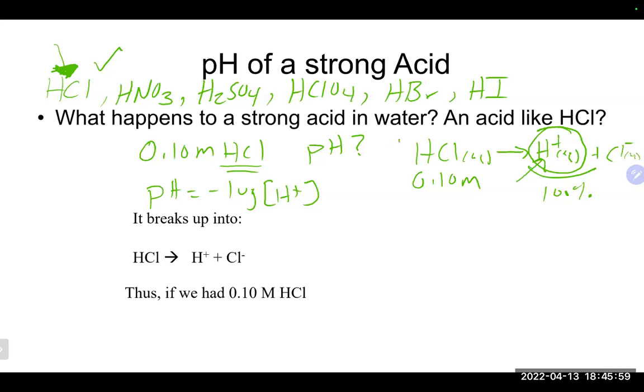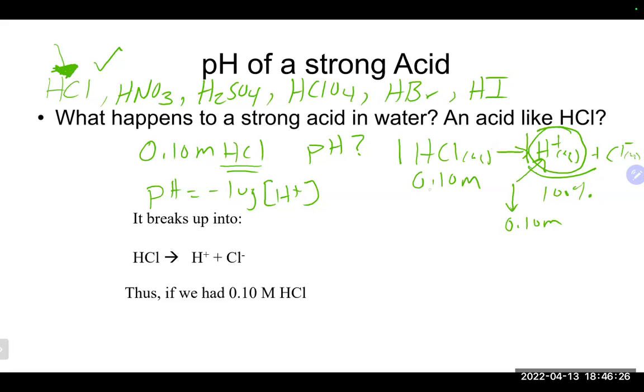It is a 1-to-1 relationship, which means the concentration of the H plus would also be 0.1 molar. The concentration of the chloride is also a 1-to-1 relationship, so the chloride would also be 0.1 molar, although we don't really need that in this particular problem, but just for a reference point, the concentration of the chloride ions floating around would also be 0.1 molar.